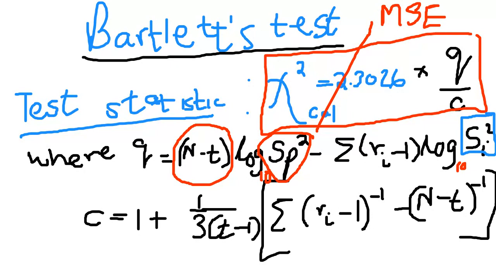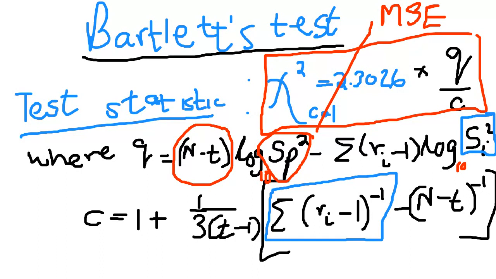And now the C, which is the denominator from the chi-squared formula, is given by this formula here, where you have the summation. Let's talk about this part here. Suppose we have equal replications and 5 treatments.